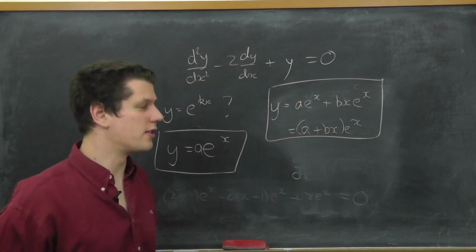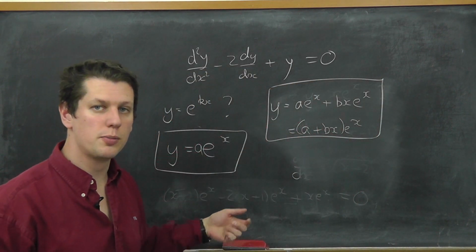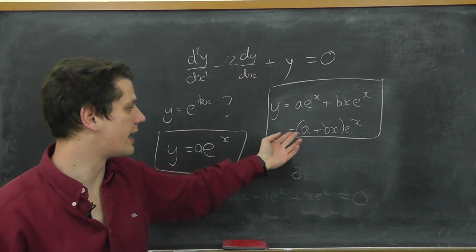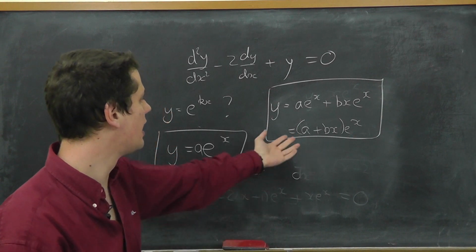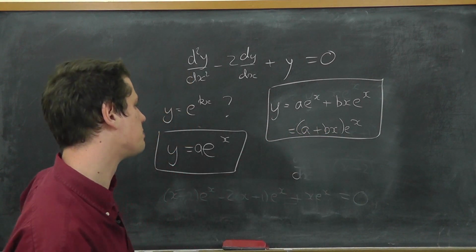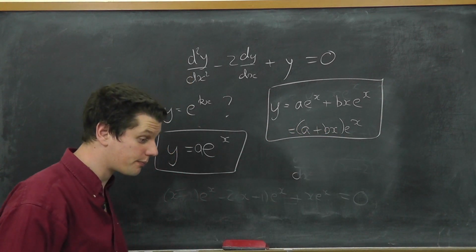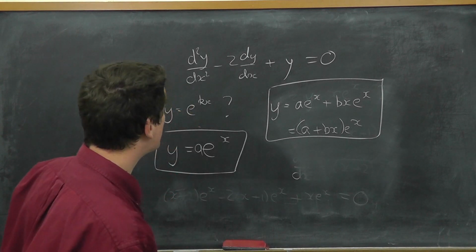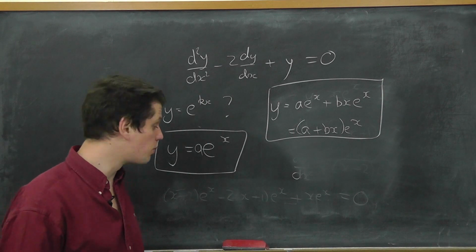And that turns out to be the general solution. We have a two-parameter family of solutions parameterized by constants a and b. We can take any constants a and b we like, and we get a solution a plus bx times e to the x. In fact, this trick works for equations of higher order as well.